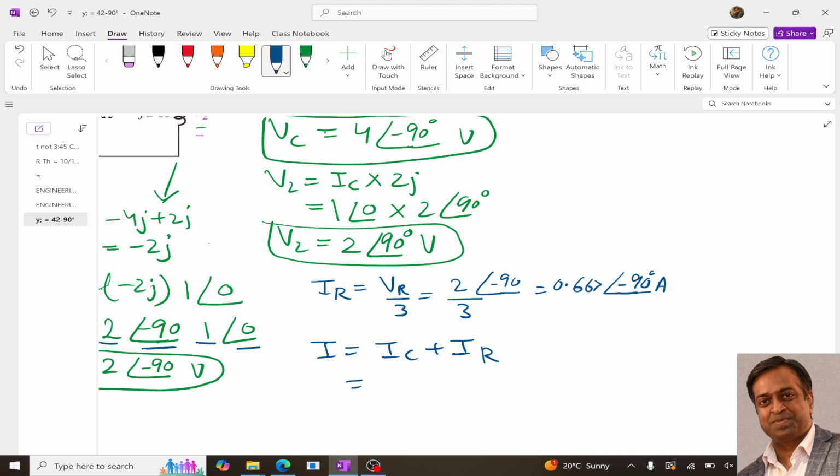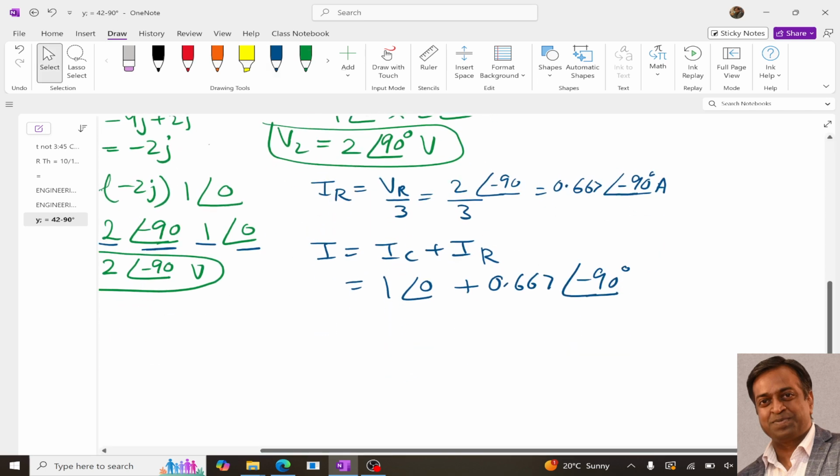Now IC is 1 angle 0, and IR is 0.667 angle minus 90 degree. Addition in phasor form is not easy, so we convert to complex number form.